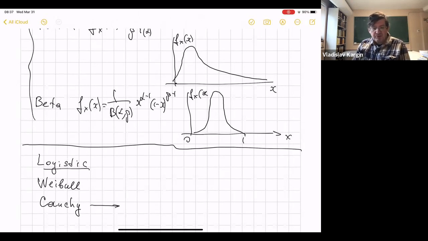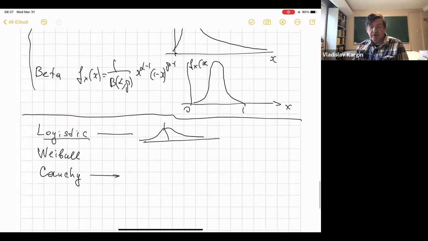The logistic distribution looks very much like the normal distribution, but it's a little bit different, and useful for analysis. Right? Cauchy also looks similar, but it has very heavy tails. It's symmetric, but it doesn't have an expectation.